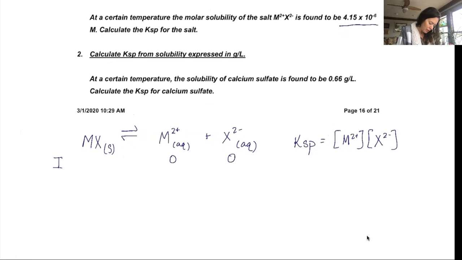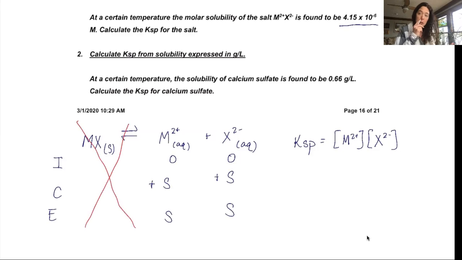I don't know how much MX I have, and I don't need to know. I know the change will be plus S, and at equilibrium this will be S and this will be S. A lot of times you'll see just a big X drawn through there. It's not a factor. It doesn't participate in the equilibrium. Its concentration doesn't change.